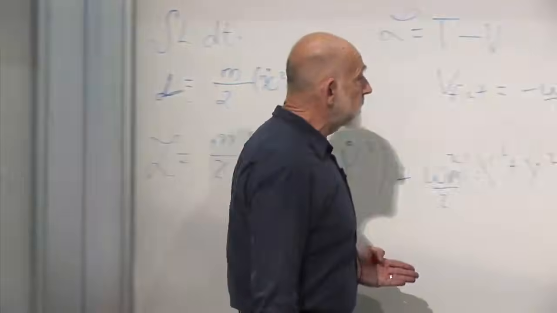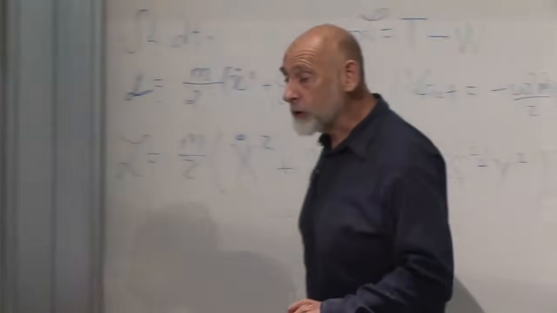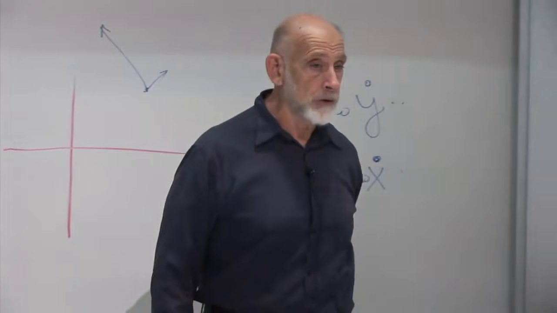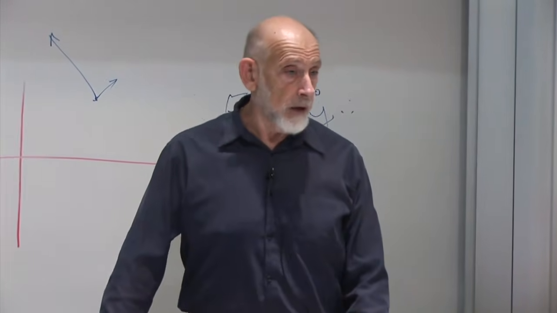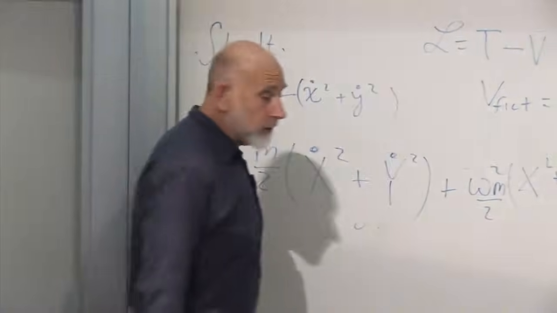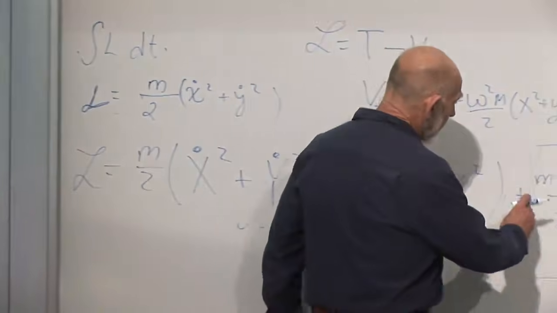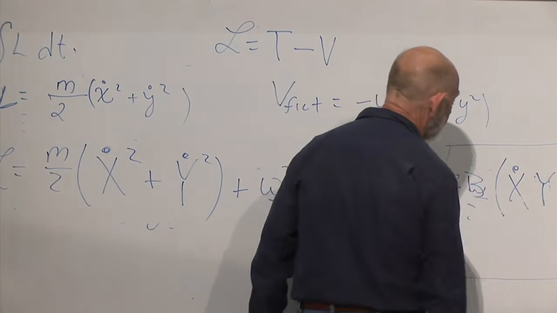Incidentally, this kind of term here is not particularly unique to Coriolis force. You know any place else where a similar term like that occurs? Charged particle in a magnetic field. Right. For a charged particle in a magnetic field, you would have the charge of the particle and the magnitude of the magnetic field.